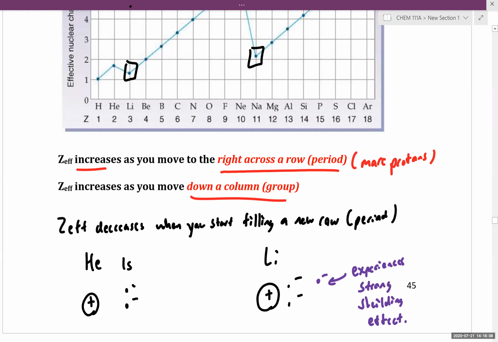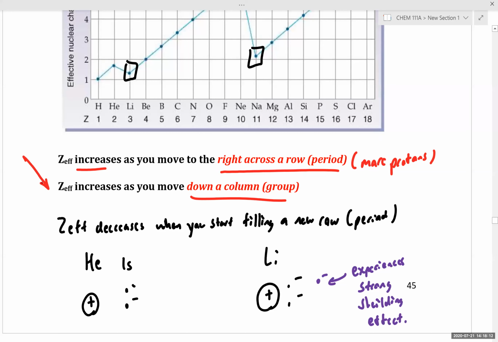So for effective nuclear charge, I like to draw an arrow. I like to remember things by drawing arrows. So effective nuclear charge is an arrow going down and to the right. It increases going down and to the right. So don't be shy when you open up your exam with your fresh periodic table, just draw the arrow immediately and label it.